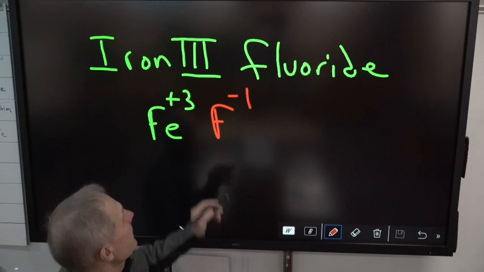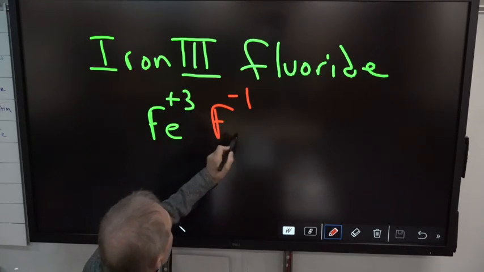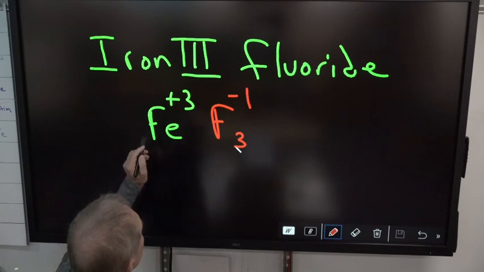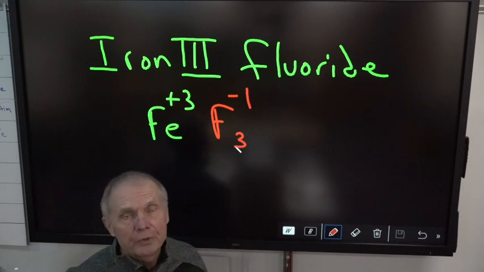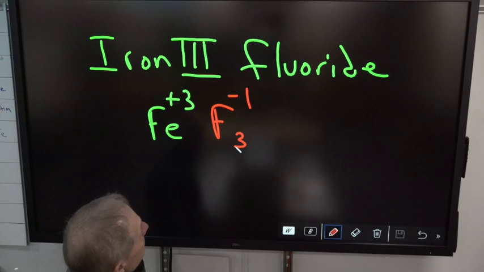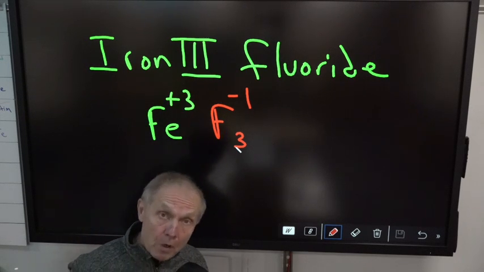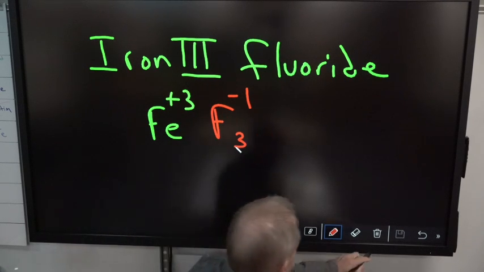Crisscross and drop the sign. So that 1 goes there, but we know we got one of them. So we're going to take that 3 and put it right there. So that is FeF3. That is iron Roman numeral 3 fluoride. Okay? Iron Roman numeral 3 fluoride. So if you see a Roman numeral, that means the charge. Let's do another one.